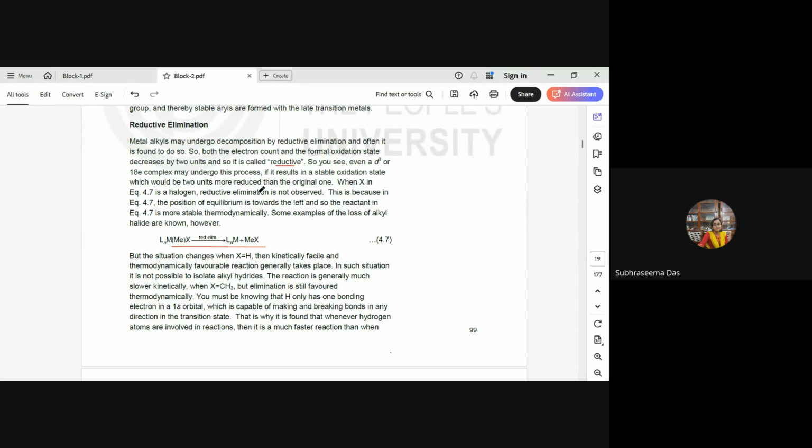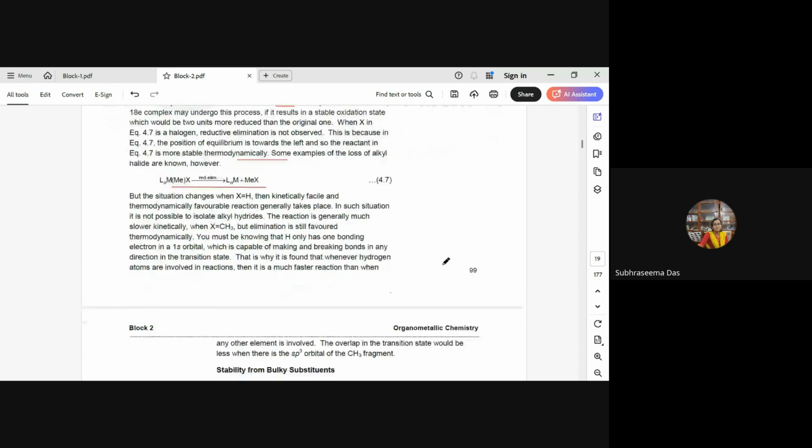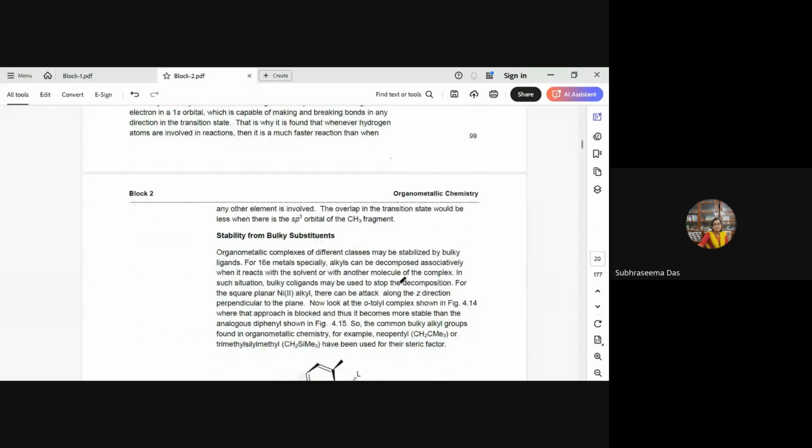Because the position of the equilibrium is towards the left, and so the reactant in equation 4.7 is thermodynamically stable. But when we take X equal to H, it is kinetically facile and thermodynamically favorable, so the reaction takes place. In such a situation, it is not possible to isolate alkyl hydrides. So this reaction is generally much slower.